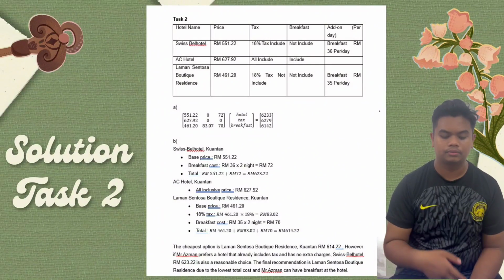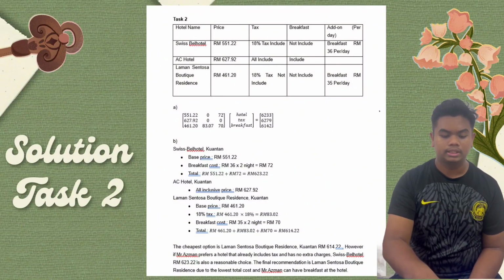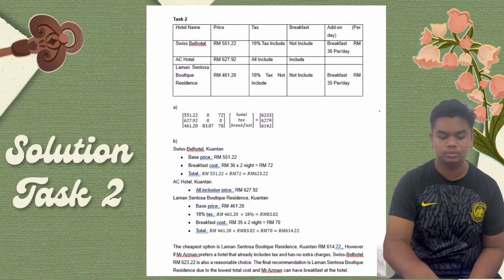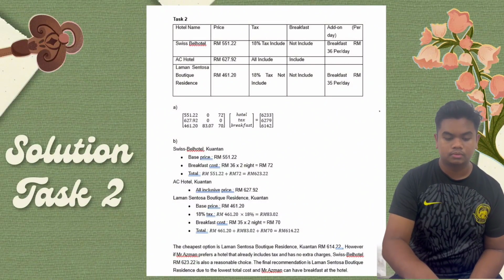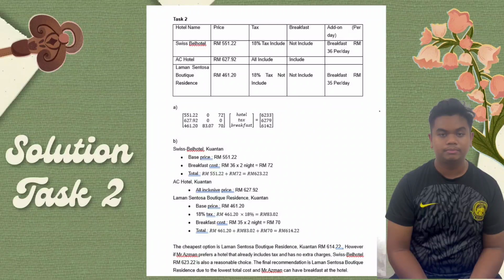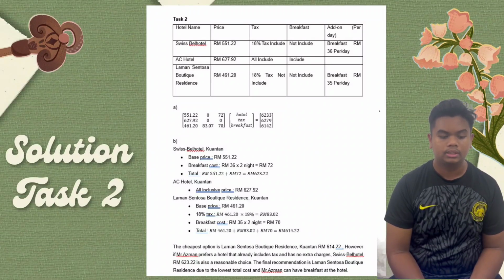And then for question B, determine which hotel Mr. Azman should book for his stay at Kuantan, Pahang, and give the reason. For question B, I list down all the hotels and the information.